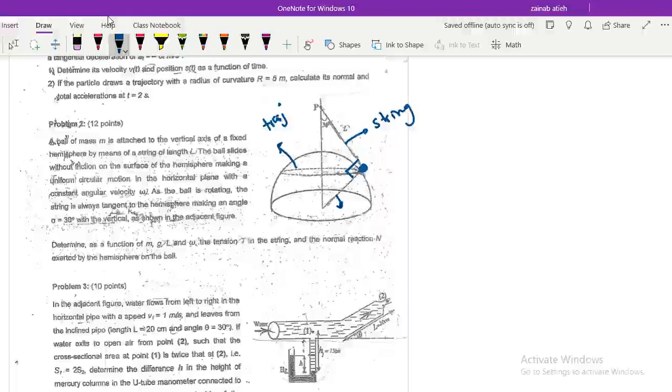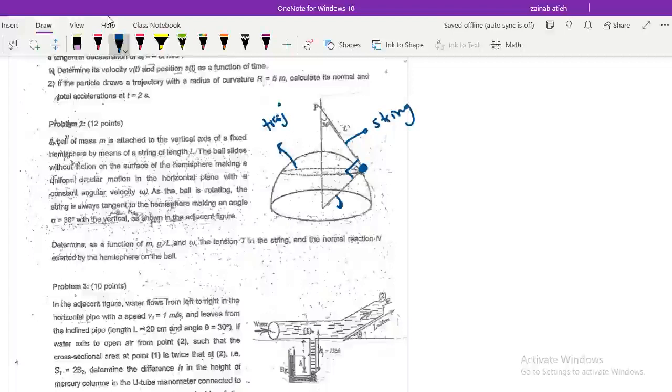The question says determine as a function of M, g, L and omega the tension in the string and the normal reaction exerted by the hemisphere on the ball. I have to find the forces acting on the ball, which are the tension and the normal. To do this, I will apply Newton's second law for circular motion.